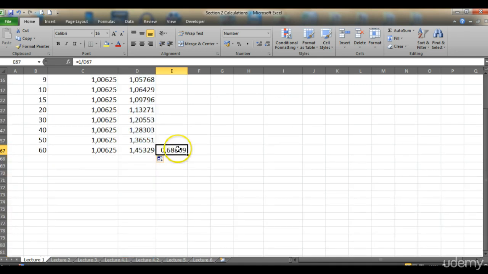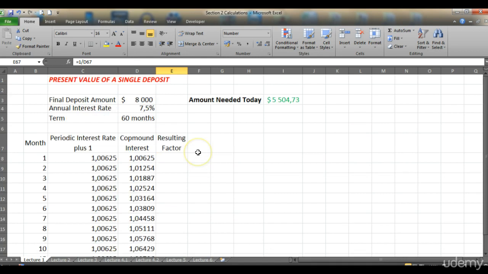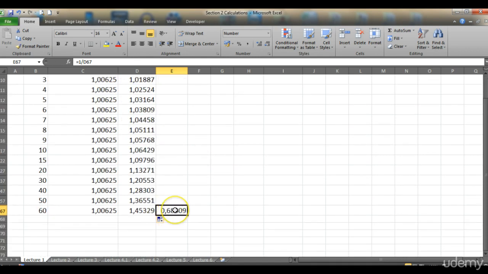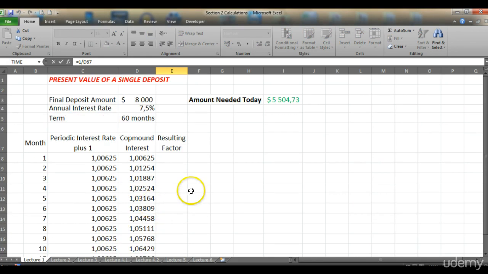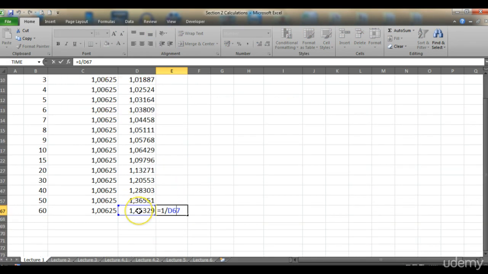Afterwards, here is the resulting factor formula, and we put this formula at the end of the period. The formula is 1 divided by the compound interest for the last month of the period, or here in this case, the month 60.